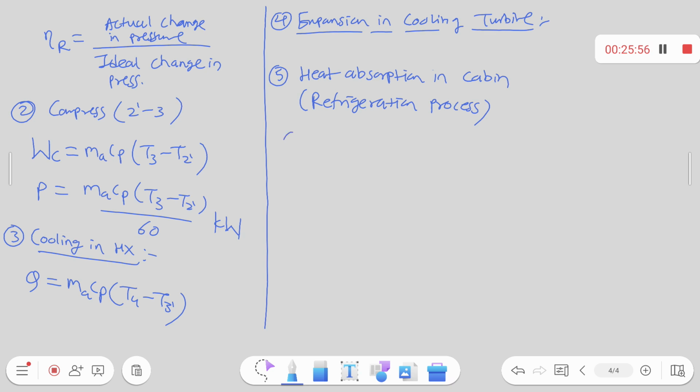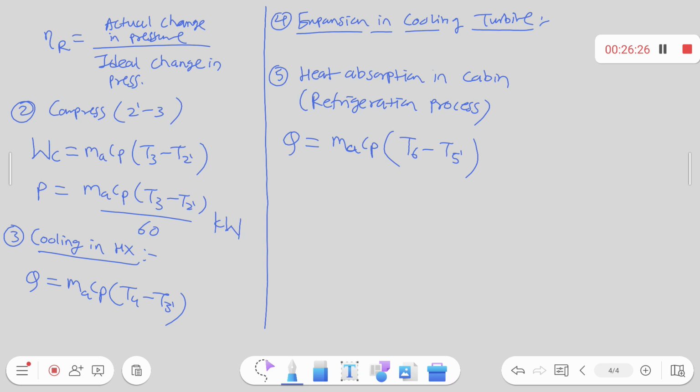So heat absorbed is equal to MACP into T6 minus T5 dash, where T6 is the temperature of the air entering inside the cabin, right?